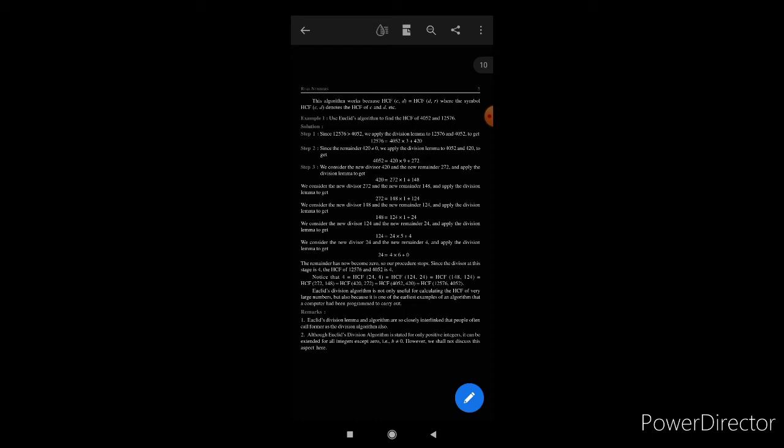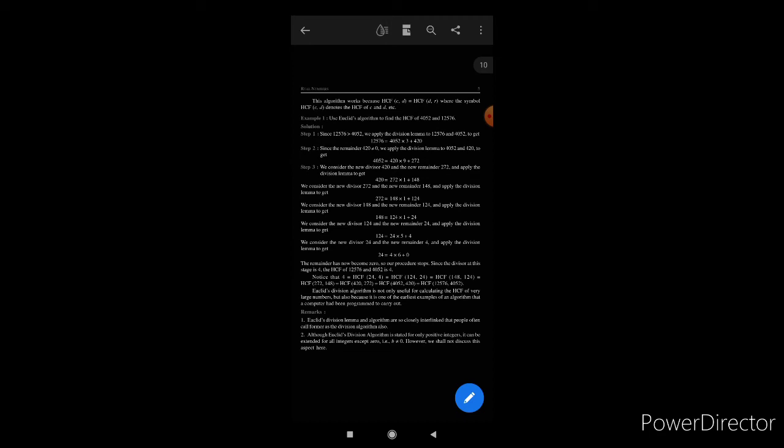We consider the new divisor 148 and the new remainder 124 and apply the division lemma to get 148 is equal to 124 into 1 plus 24. We consider the new divisor 124 and the new remainder 24 and apply the division lemma to get 124 is equal to 24 into 5 plus 4. We consider the new divisor 24 and the new remainder 4 and apply the division lemma to get 24 is equal to 4 into 6 plus 0. The remainder has now become 0, so our procedure stops. Since the divisor at this stage is 4, the HCF of 12,576 and 4052 is 4.